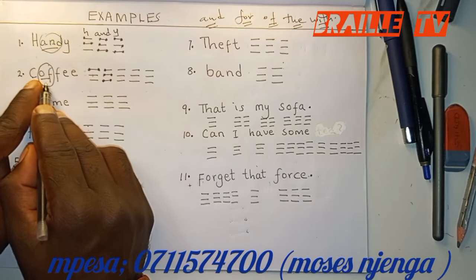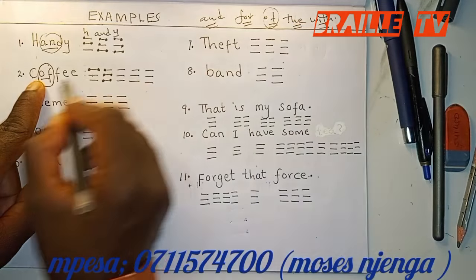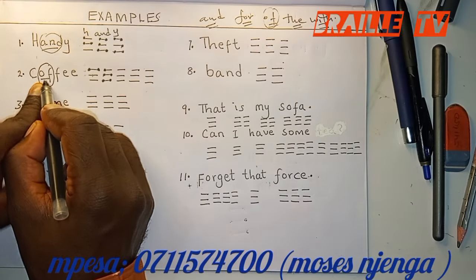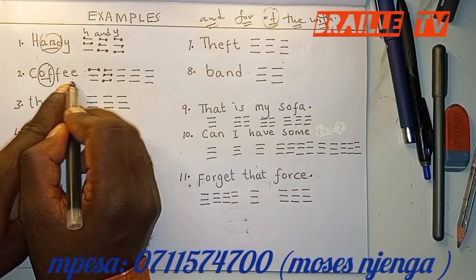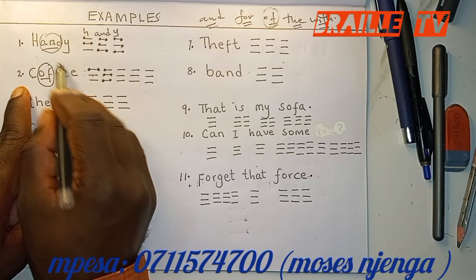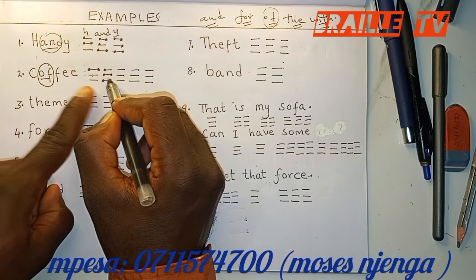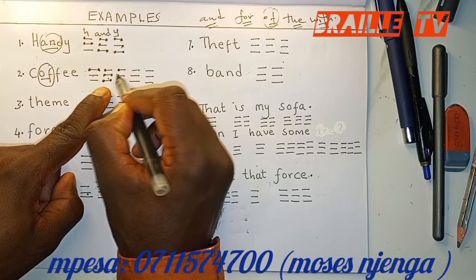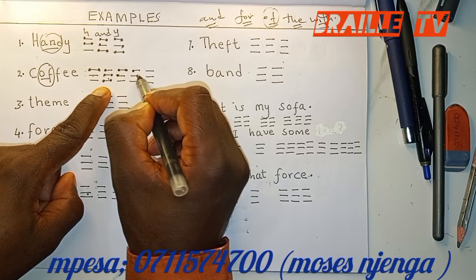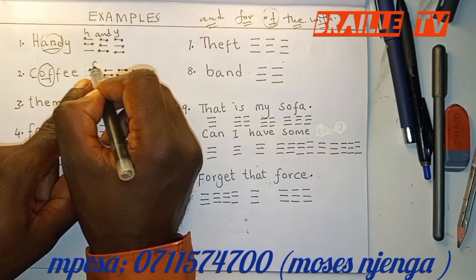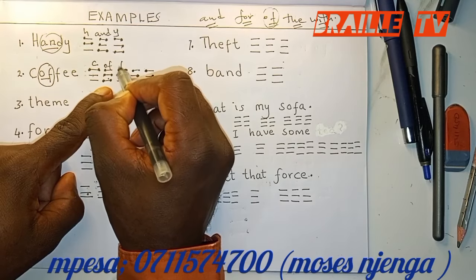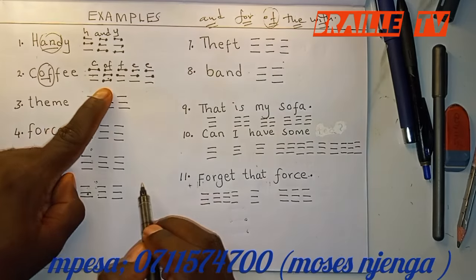So in this case, "of" is here inside the word coffee. So you contract it and use it as a group sign. So this is C, "of" contracted, then F, and then E, and then E. Okay, this is C, "of", F, E, E, as simple as that.